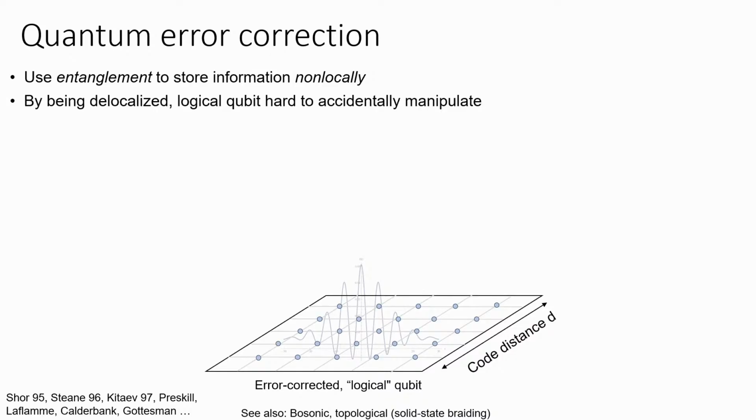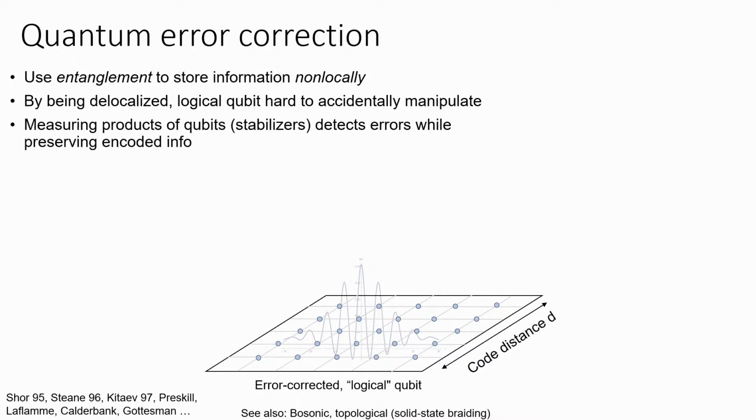By being delocalized, this logical qubit becomes hard to accidentally manipulate, and hard for the environment to accidentally measure. Although we can't measure individual qubits without destroying the state, remarkably we can measure products of qubits, so-called stabilizer checks, to detect errors while preserving the encoded information.